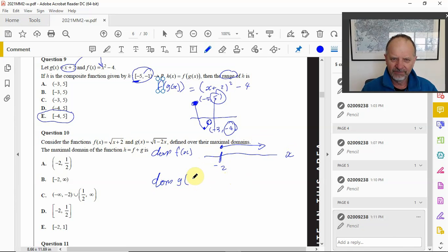All right. Domain of g, again, that's got to be positive. And so this time, when we have a look at that, well, it's 0 when x is a half, because 2 times a half is 1, 1 minus 1 is 0, so that's okay.